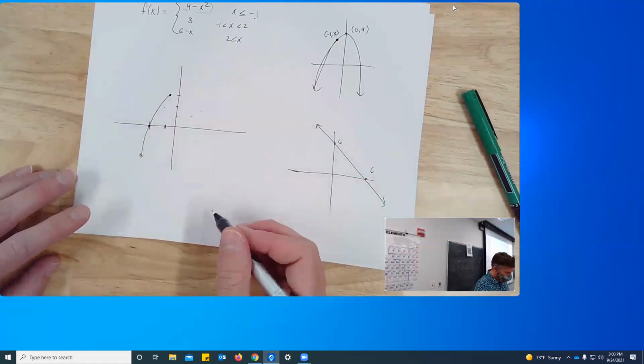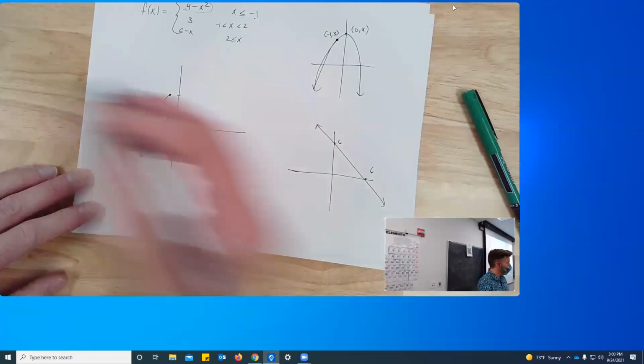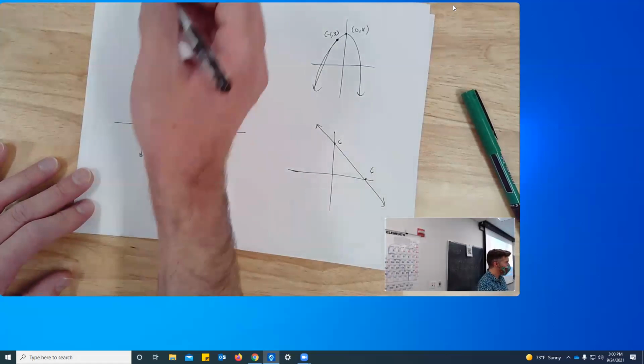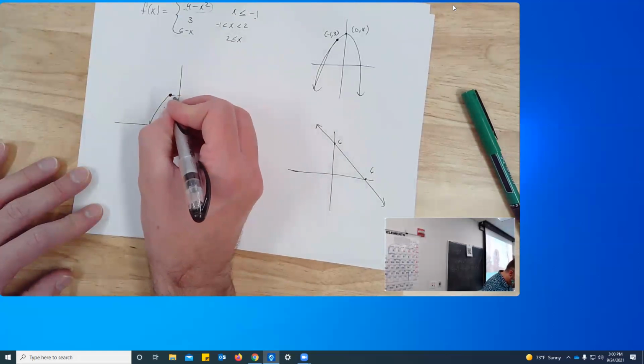Okay, and then from -1 to 2, I want the horizontal line y equals 3, which happens to meet up with that point there. There isn't any jump discontinuity. So it would have been open there, but it's already closed.